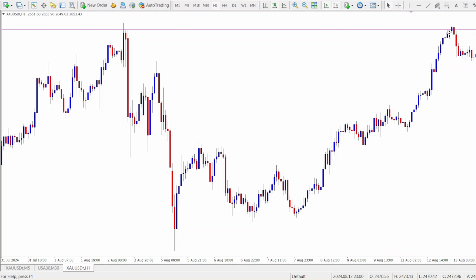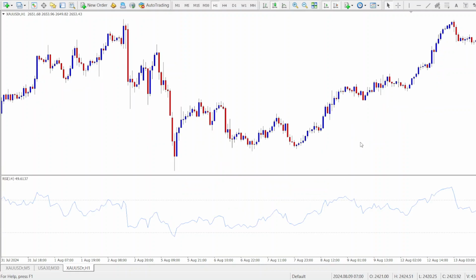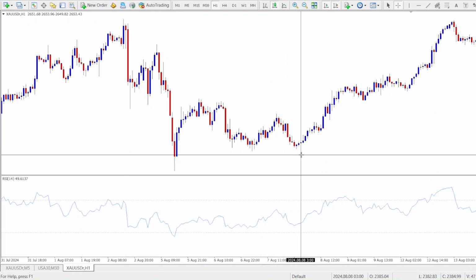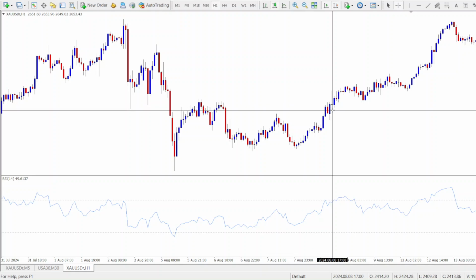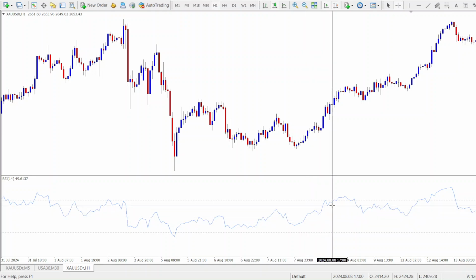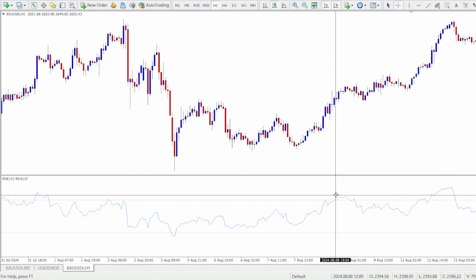So another way to get extra confirmation is by using some indicators, such as the stochastic oscillator, or you can use the relative strength index. Let us just use the RSI in this particular video, right? So when you find the bullish engulfing pattern, you want to see the RSI trending in the upward direction to further support that bullish momentum.